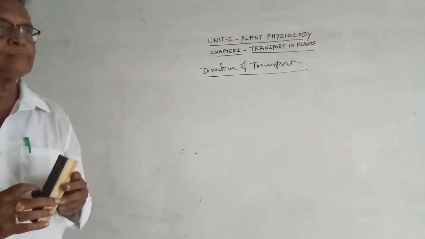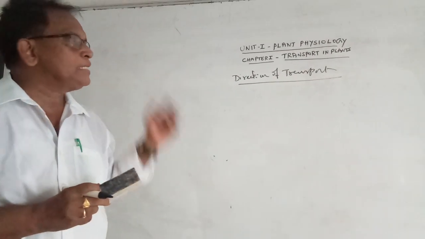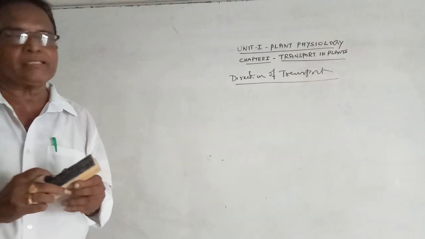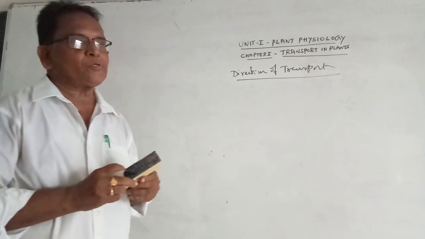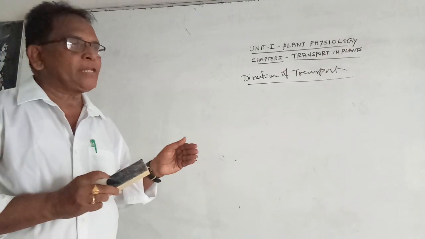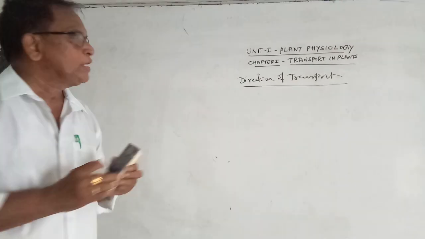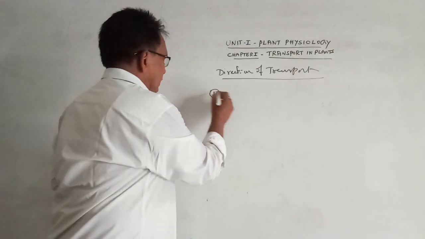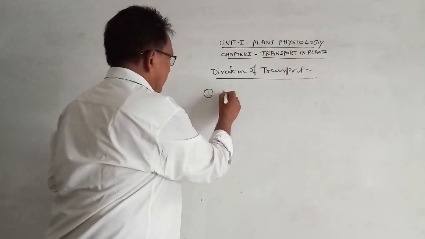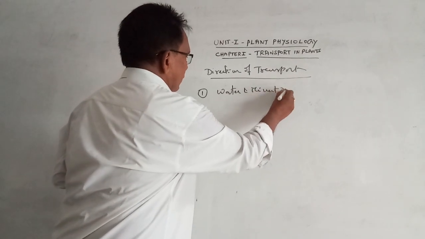So previously we discussed what materials are to be transported in plants. Now we are going to discuss the direction of the transport, from which part of the plant to which part the transportation takes place. Suppose we take water and mineral nutrients.